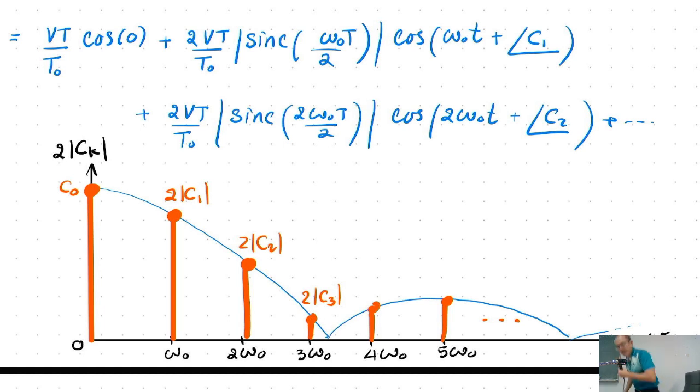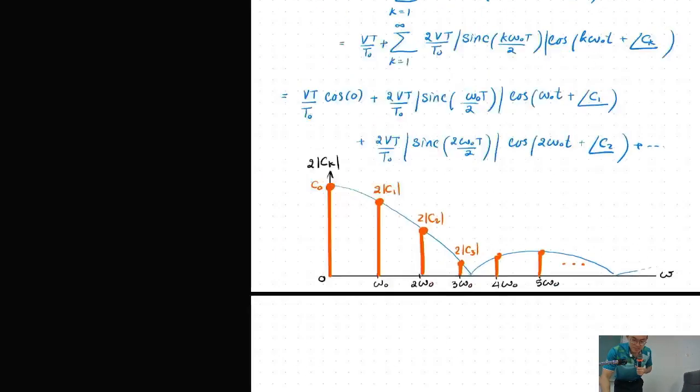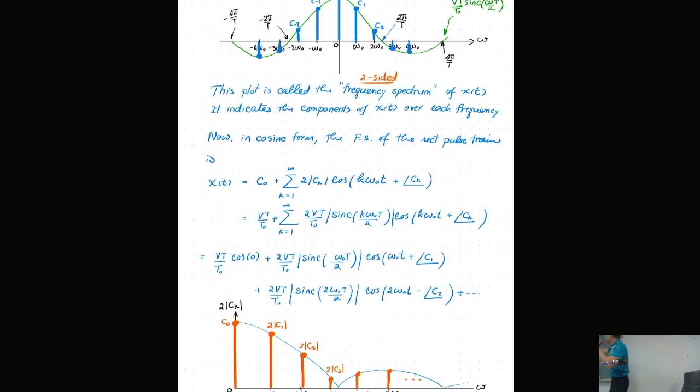All right? And this graph is the one-sided frequency spectrum of our signal. You see the resemblance between the two. The one on the top is two-sided. The one on the bottom is one-sided. Only the positive frequencies are considered.